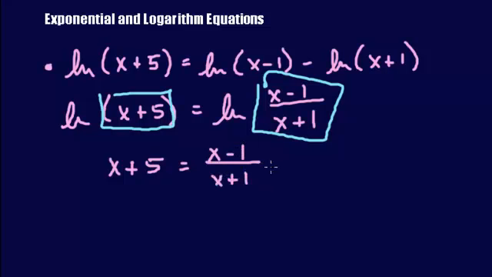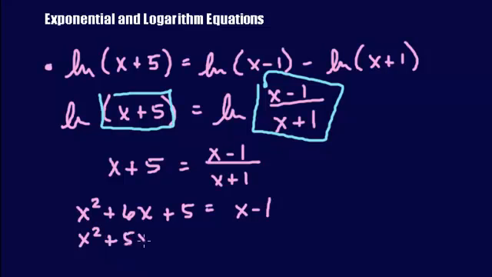In which case, I'm just going to solve this one as I normally would if I was given this back in chapter 1. I'm going to multiply both sides by x plus 1 times this x plus 5. So I'm going to go ahead and multiply that out. I've got x squared plus x plus 5x would be plus 6x plus 5. Multiplying it all the way out equals x minus 1. Bringing that over to the other side, I'm going to get x squared, and then I'll have a plus 5x, and then add 1 is going to be a plus 6 equals 0.